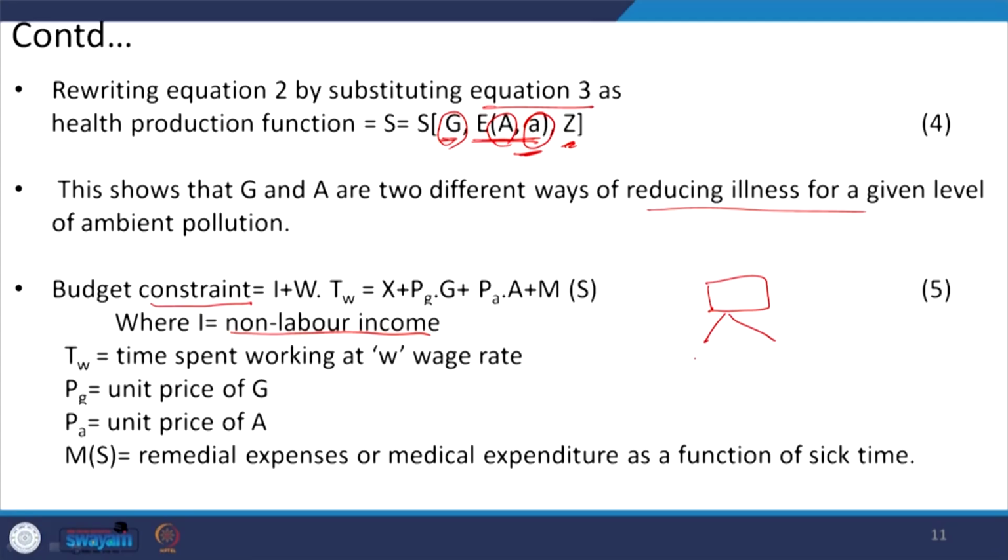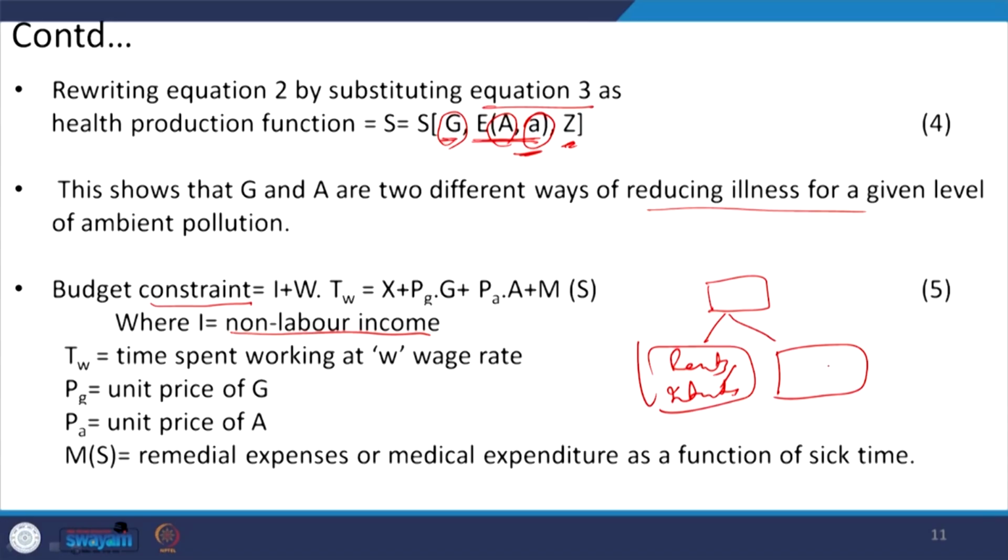And the second one is non-labor income. That means although he is not working and not getting any wages, still he is getting some income, maybe in terms of rents, maybe in terms of interest. These are also incomes. And the other is that the person is investing his time and getting some wages, which is part of his income.